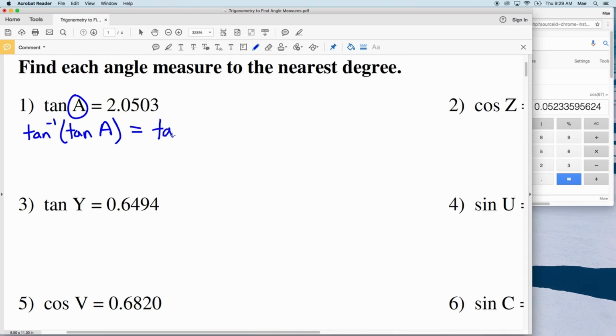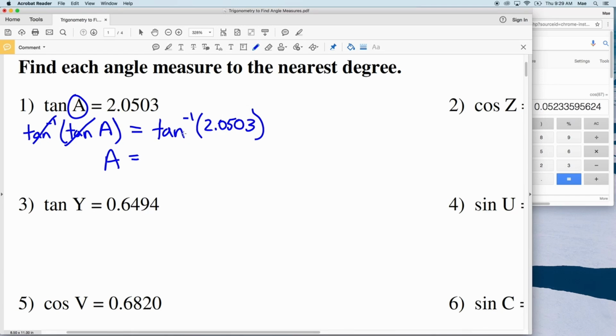So we take the arctan of 2.0503. Taking the inverse tangent of the tangent of A leaves us with just A on the left. And we'll enter this into the calculator.